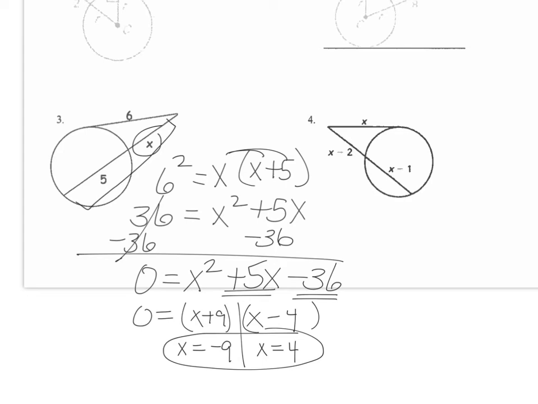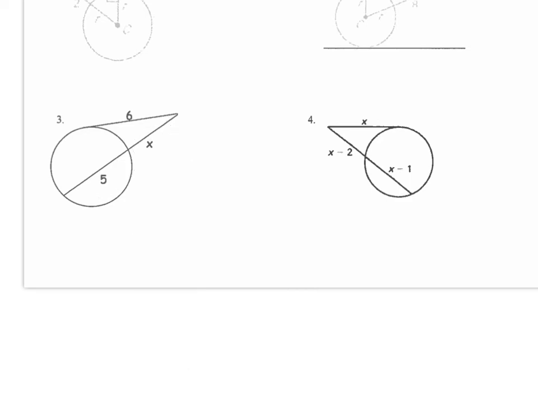Let's go over and look at number 4. What are you given? A tangent and a secant. All right, great. So, let me undo some of this. Nice. So, tangent squared, x squared, equals outside piece, two things, put it in parentheses, times the whole thing, which is 2x minus 3.